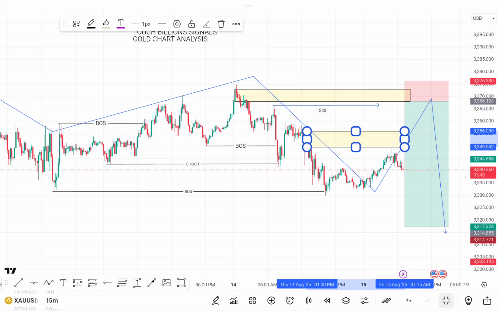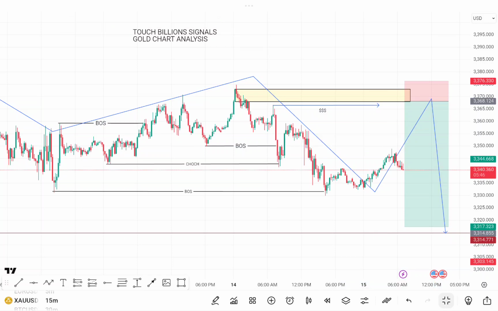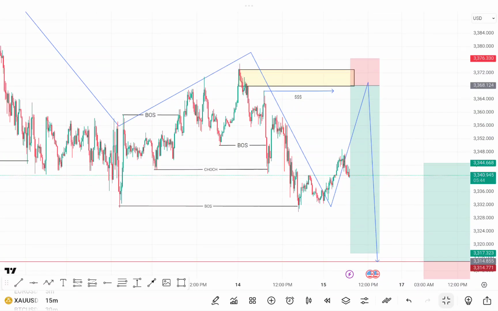But on the overall view, we're trying to ensure that we catch the market in the right path, because the institutions you're trading with or against pay attention to key levels, and these are things that you as well need to be able to pay attention to.